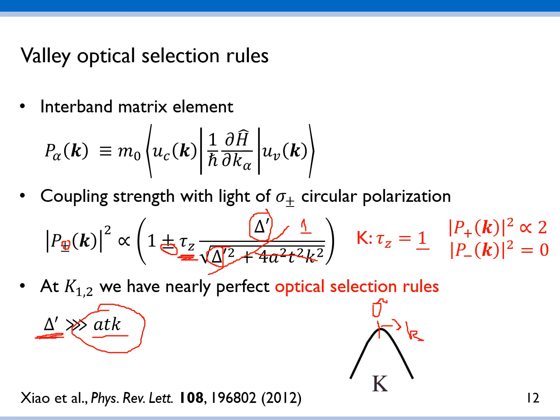And so this is the perfect optical selection rule. The transition is forbidden for light of sigma minus circular polarization, and it's allowed for sigma plus handedness.